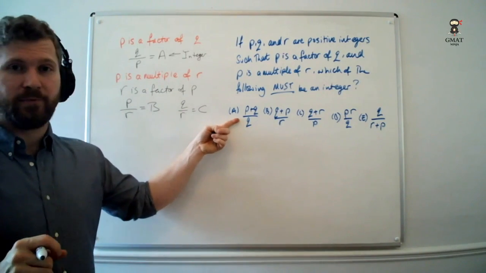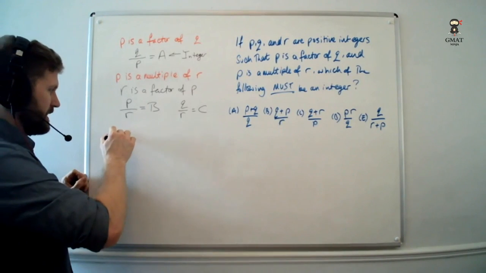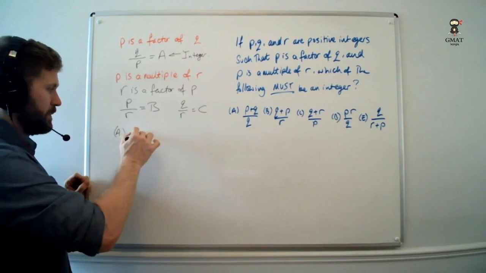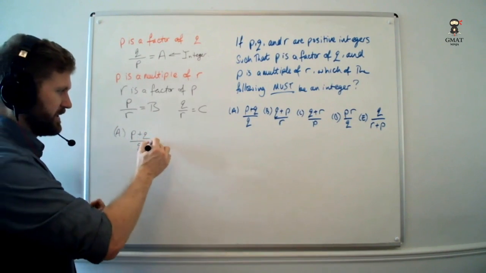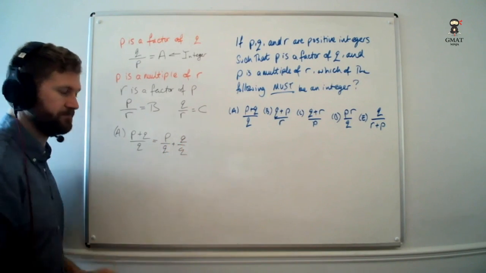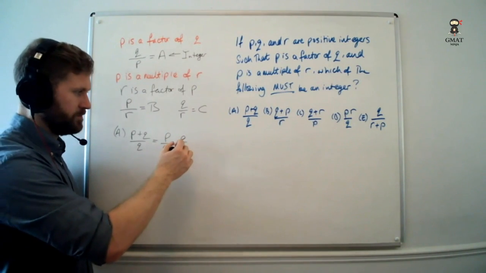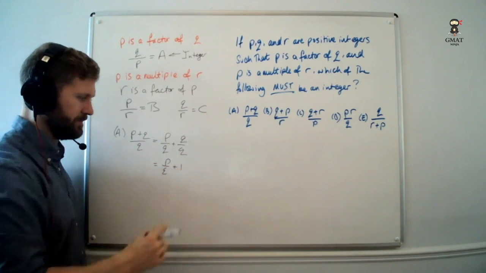Now I'm going to take these one by one, starting with A, alphabetically, no better reason, and say, well, okay, A is P plus Q over Q. Now in this way, I can split this fraction up into P over Q plus Q over Q. Now Q over Q, well, that would just be 1. They're going to cancel out, and so I'm going to have P over Q plus 1.